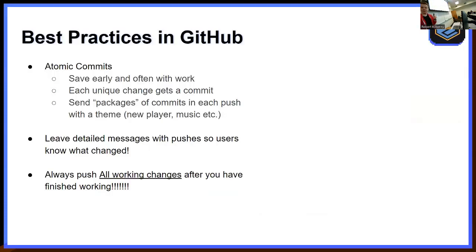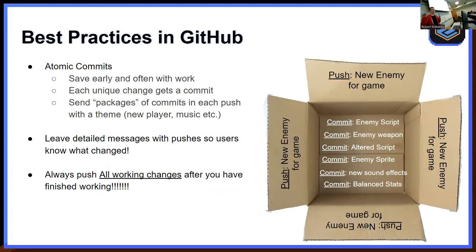Best practices in GitHub, this is to save you. Use atomic commits. Basically, every little thing, make it its own commit, because every time you make a commit, it's now saved externally from what you just messed with. Imagine that I'm working on code physically right here.